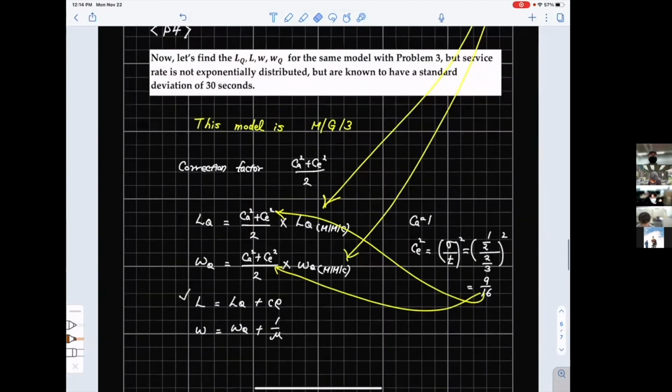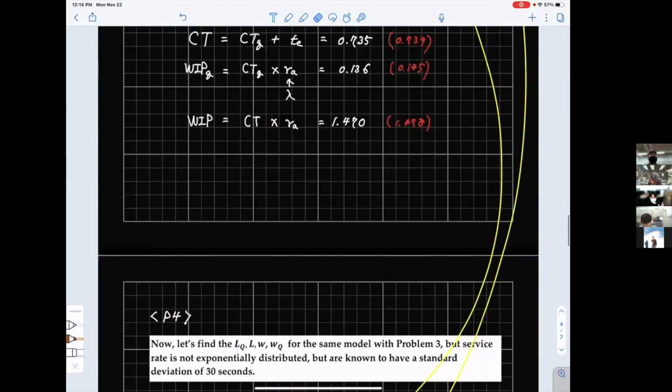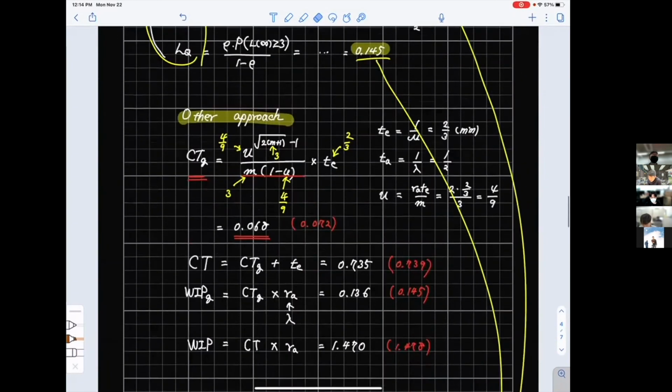With the case of problem 4 and problem 3, the final calculation result can be a little different compared to the analytic solution from the queuing theory.